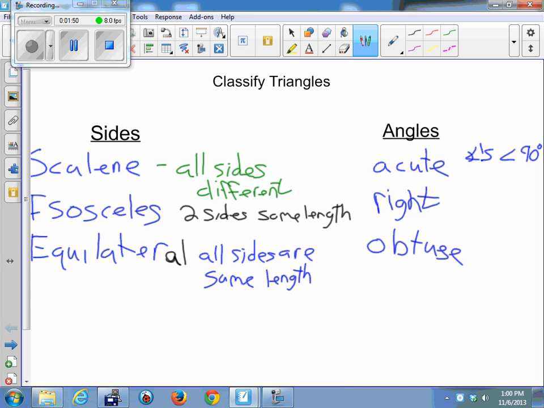The right triangle has a 90-degree angle. And an obtuse triangle has an angle that's greater than 90 degrees. All right, you guys should have seen that before, so it should not be anything brand new.